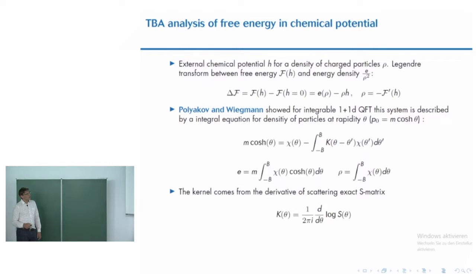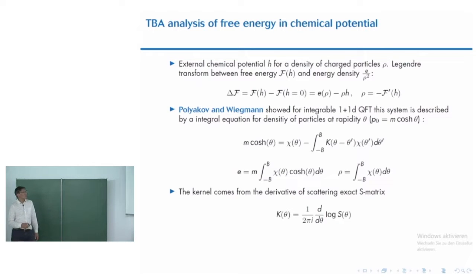So this integral is a convolution with some kernel, and that kernel is the S matrix, or more precisely, it's the derivative of the S matrix with respect to momentum or rapidity. Okay, and so if you can solve this equation, you can determine E and rho, and then you can Legendre transform and determine F.